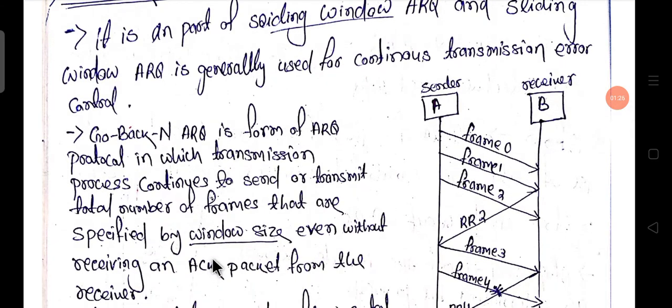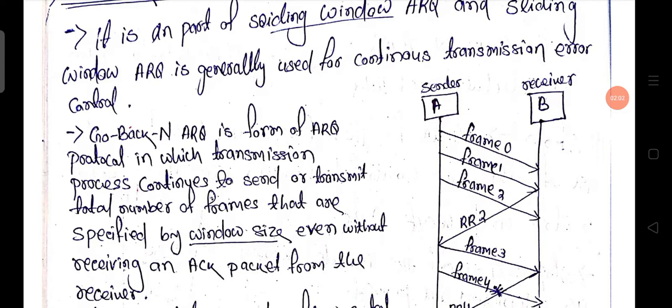That means in flow control we have seen the sliding window technique. In that flow control or sliding window technique, there is a window on the sender and receiver side, and the size of the window defines the number of frames simultaneously transmitted to the receiver.